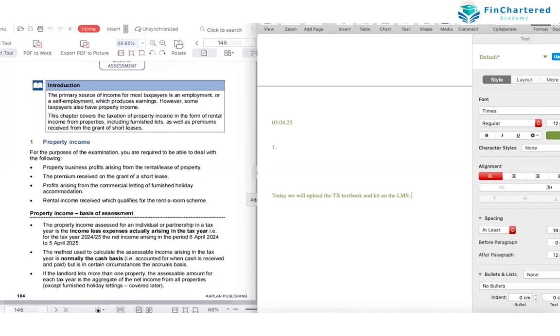That reminds me regarding your hard copy books, I will have them checked immediately. But please watch out for the textbook and kit to be uploaded on our LMS. Okay, I hope that is all perfectly fine.